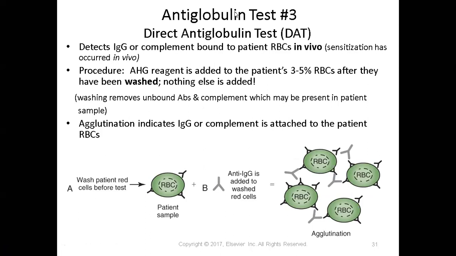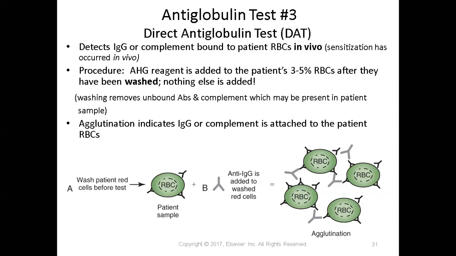All right, so we're going to get into a certain type of antiglobulin test called the DAT, direct antiglobulin test. The direct antiglobulin test is used to find out if IgG or complement are bound to a patient's red blood cells in vivo. So what this means is something has happened in this person, and antibody or complement are bound to their red cells in vivo.